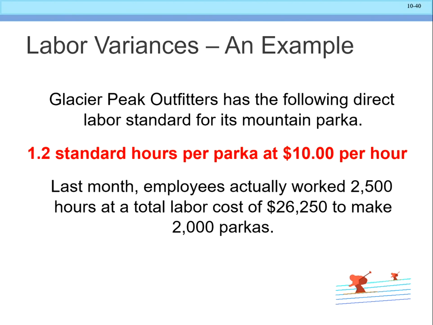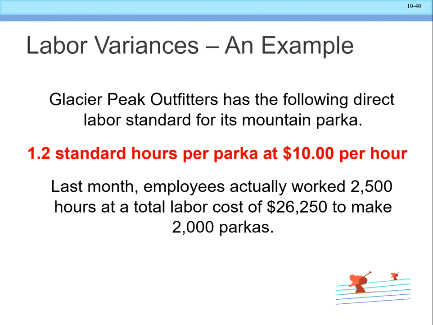Last month, the employees actually worked 2,500 hours, and the total labor cost was 26,250, and the employees produced 2,000 packers. According to our plan, we should use 1.2 hours, and we are paying $10 per hour.